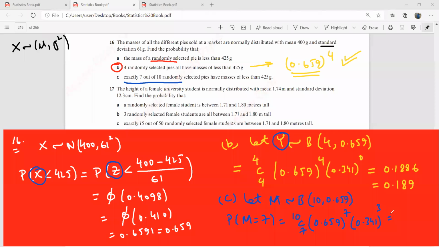Let me calculate that quickly: 10C7 times 0.659 to the power 7 times 0.341 to the power 3. And here is the answer, 0.257, correct to three significant figures. So this is the probability that 7 out of 10 have a mass less than 425 grams. Okay, guys, so this is it for question number 16.